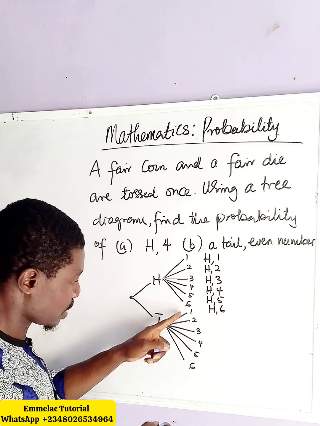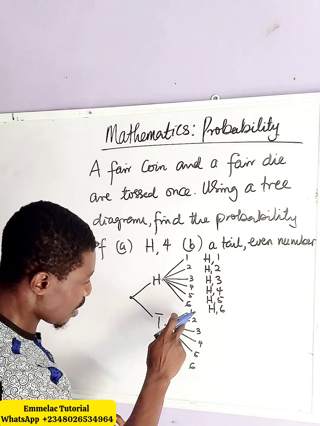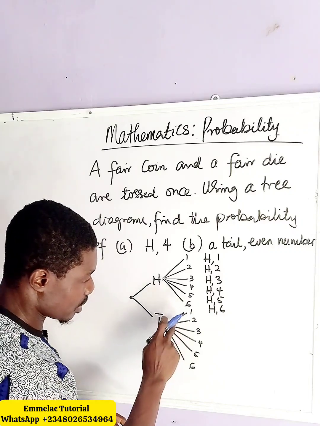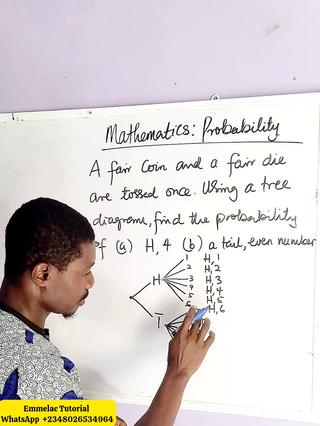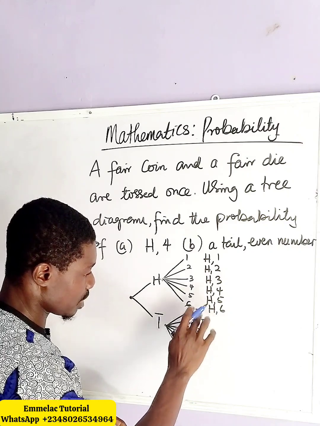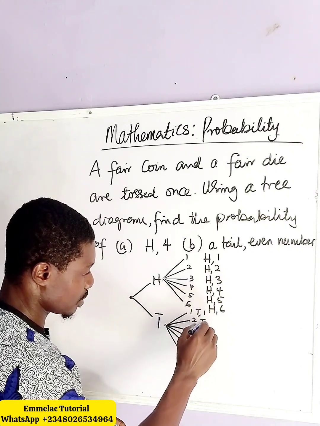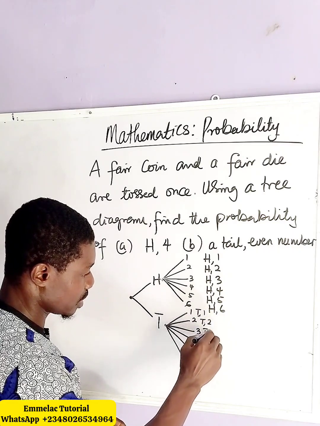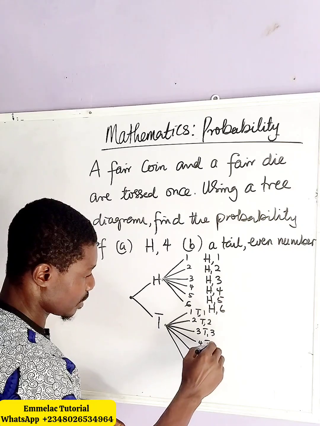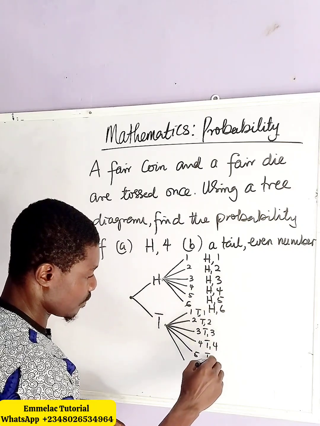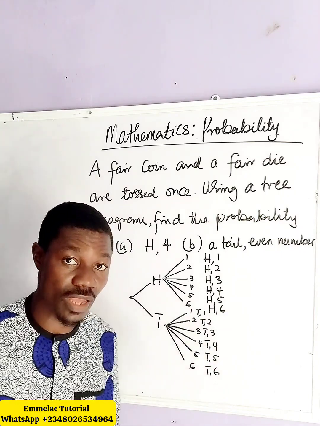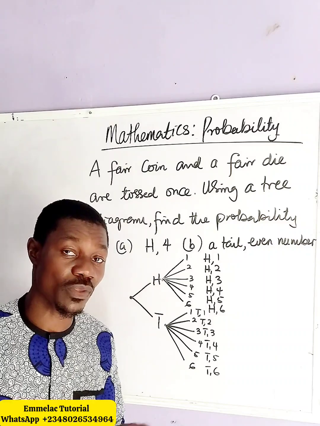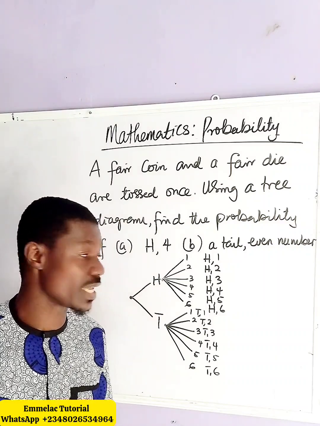Also at this point here, you have T1, T2, T3, T4, T5, and T6. Now take note, our T represents the tail, while our H represents the head.